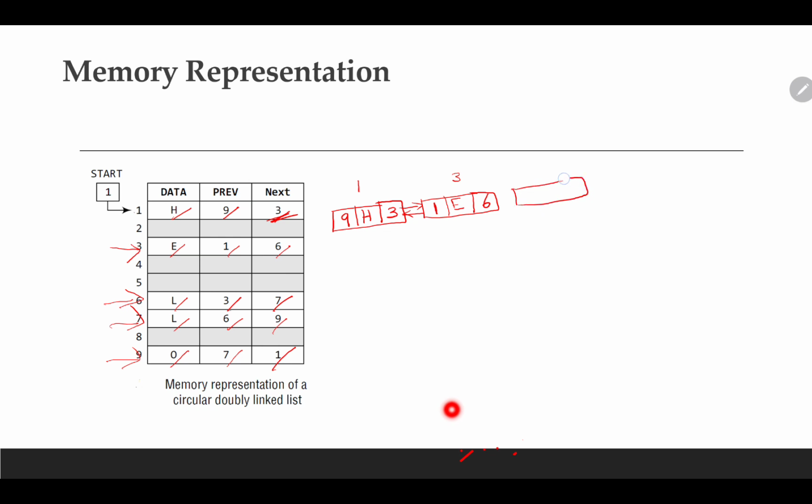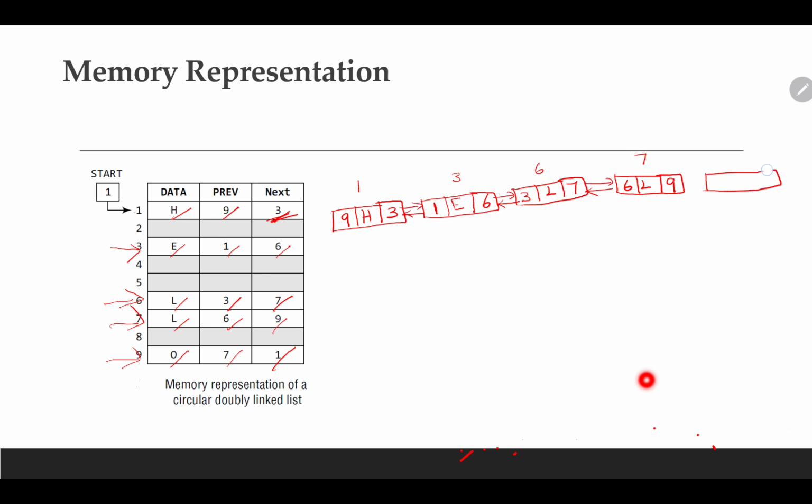Then the next node address is 6, the data is L, the previous node address is 3, and the next node address is 7. Then the data is L, the previous address is 6, and the next is 9.